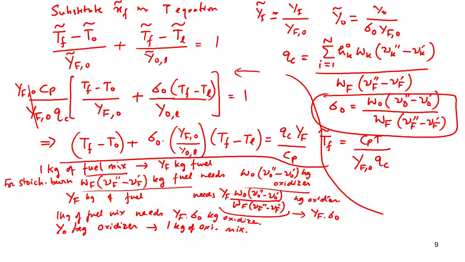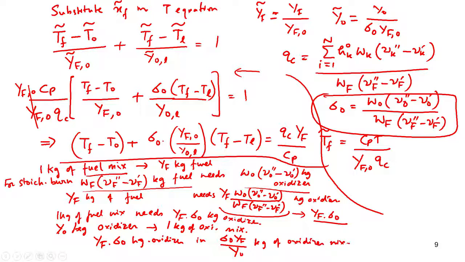So this amount of oxidizer, YF times sigma 0 kg oxidizer, which is needed for stoichiometric burning, okay, you get in sigma 0 YF by Y0 kg of oxidizer mixture.